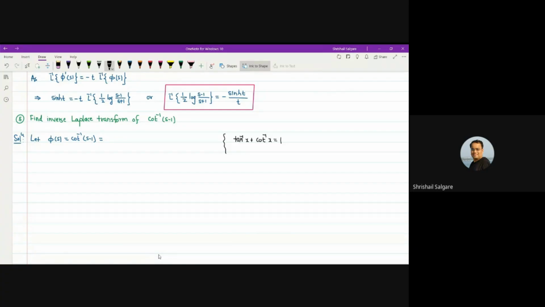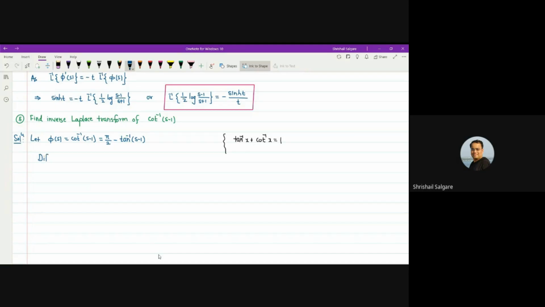Okay, by this result, how can we express cot inverse? It can be written as pi by 2 minus tan inverse of (s minus 1). Am I right?